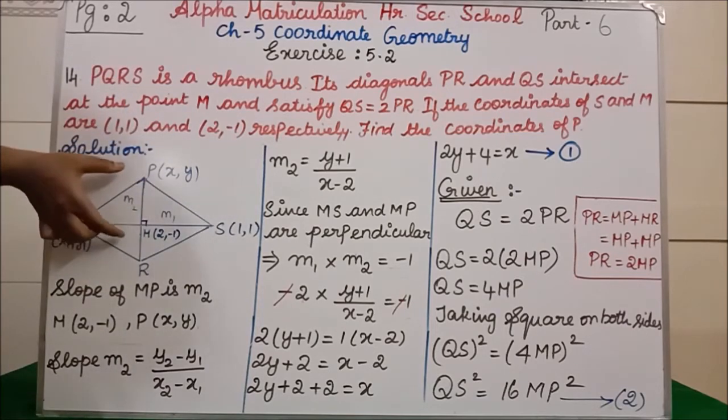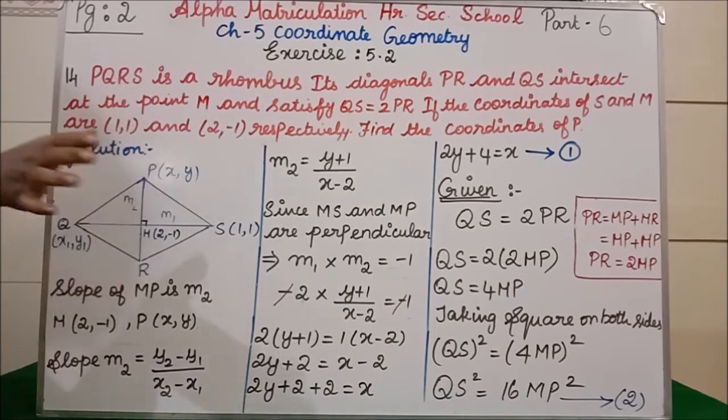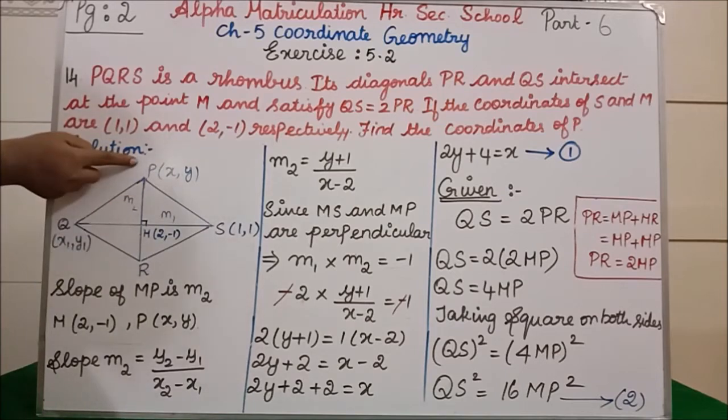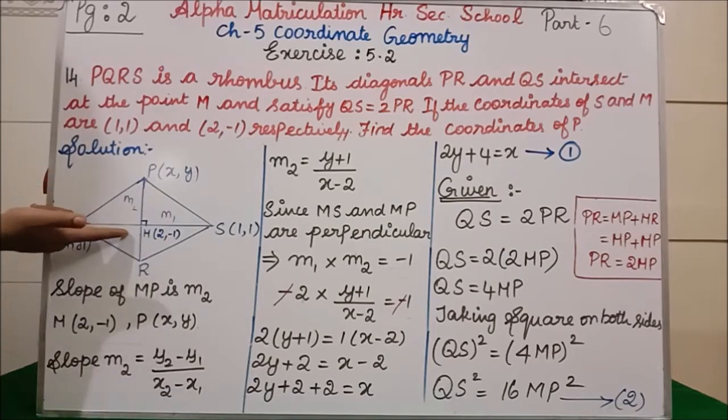Suppose we are getting PM is equal to 2, means the same for MR also you will get the same value. Bisect at each other means it divides into equal parts. So we can write MP is equal to MR. Both are same only, because whatever value you are getting for MP, the same value you are going to get for MR also.